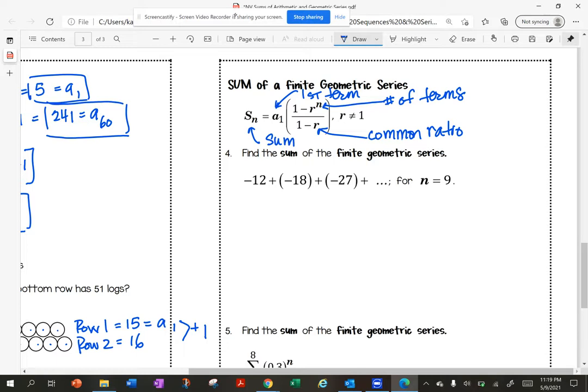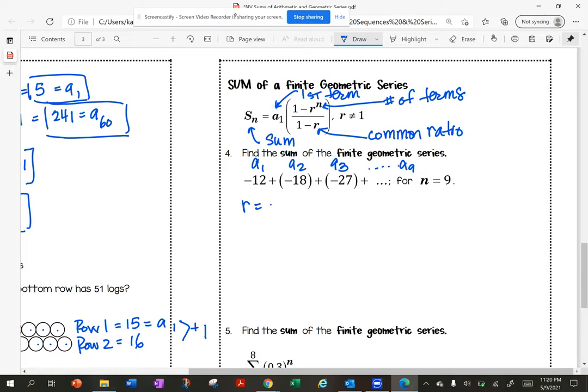Okay, so let's find the sum of the finite geometric series. So again, I'm going to start out with, I know this is my first term, my second term, my third term, and I have 9 terms. Okay, so to find my common ratio, I'm going to take any term and divide by the previous term.